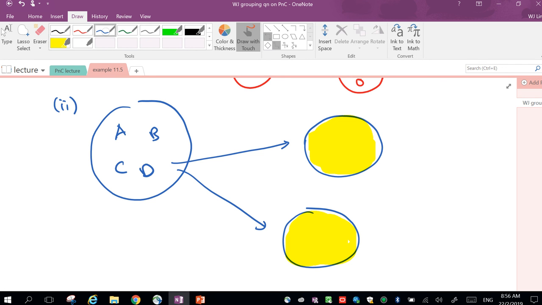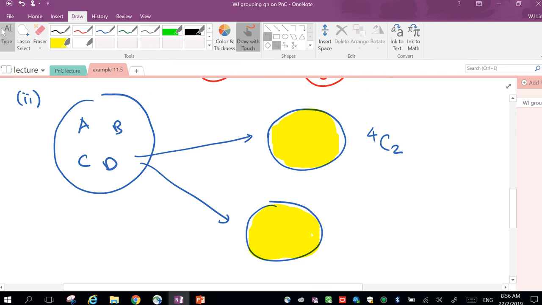So first thing first, I use 4 choose 2 times 2 choose 2, because you choose 2 persons, right? So 4 persons, 2 persons in one group, the other 2 persons in another group. But there's a problem.